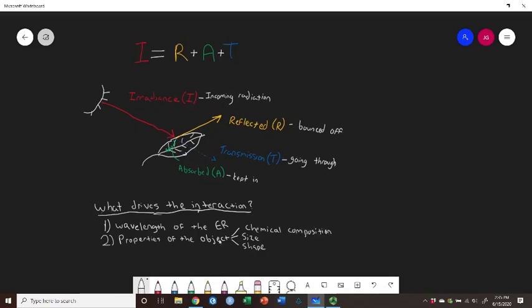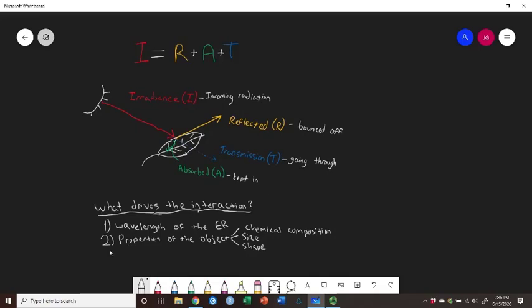Size, shape, and chemical composition are three of the big ones. And again, going back to that leaf example, leaves have chemicals inside of them that make them more likely to absorb red and blue and less likely to absorb green. So the wavelength matters, the properties of the object matter.